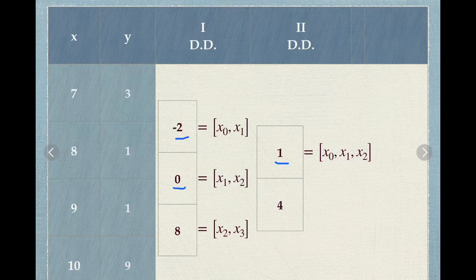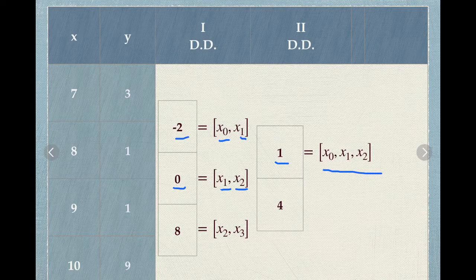They were in the numerator. And in the denominator term, I had x naught and x2, and x1 was common in both of them. So keeping that in mind, the first term of second divided difference is represented as x naught comma x1 comma x2 under the square bracket. Getting it?